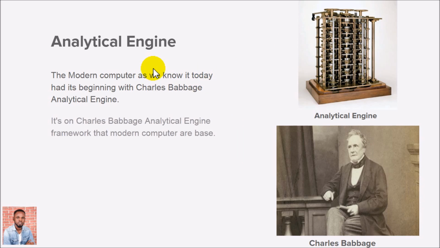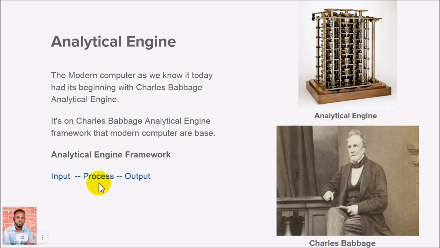He built a machine that embodies the modern concept that our today's computer maintains. You remember when we defined computer earlier, we talked about the computer being able to have input, processing, and output features, characteristics. So this is actually one of the major things that the analytical engine embodies. The analytical engine has the ability to accept input, process, and give out output, and this is actually still the concept modern computers maintain today.